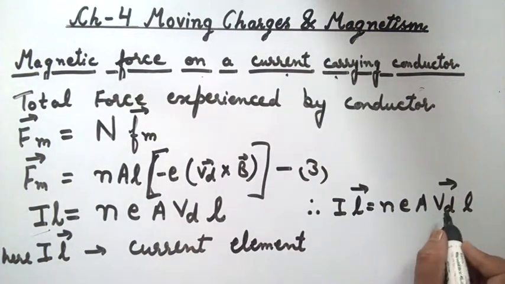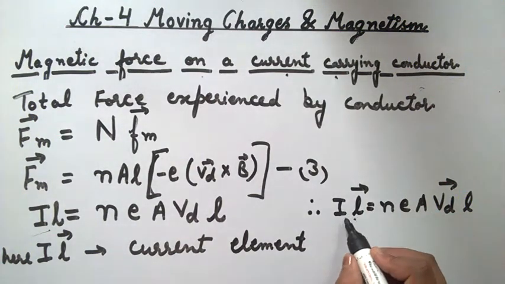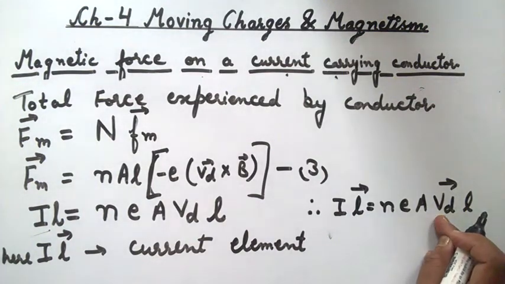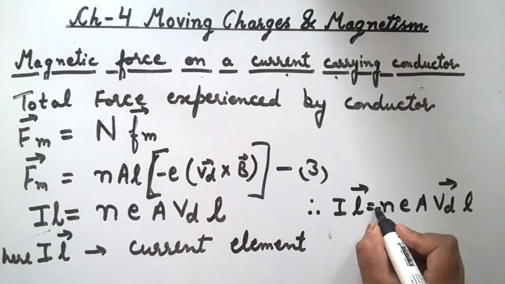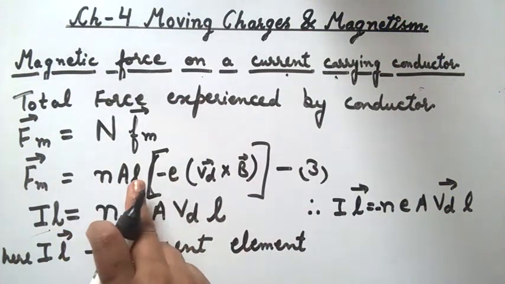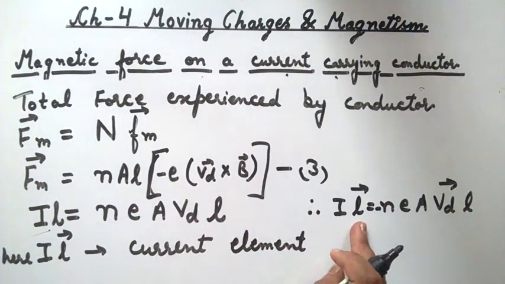Now, here the direction of the current element is along the direction of current, but it is opposite to the direction of drift velocity, that is the movement of electrons. Thus, we will write negative on this side. Here we can see that IL vector is equivalent to minus n e A Vd L. Therefore, now let's substitute IL vector in equation number 3.